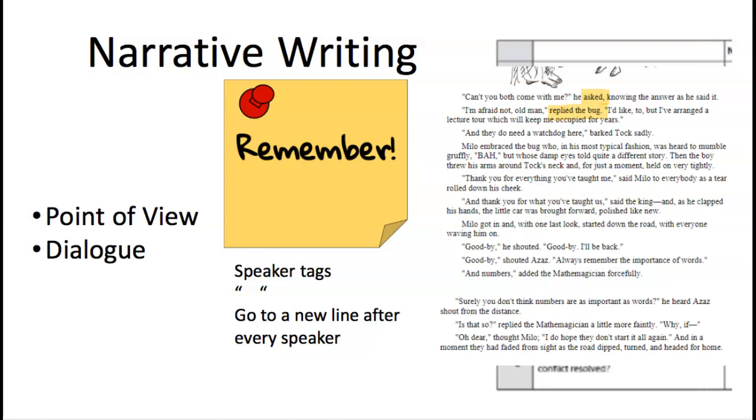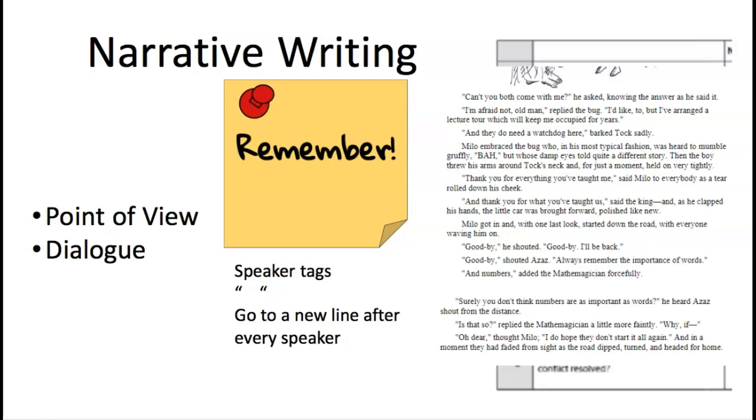Quotes are around the things the actual character said, and the speaker tag comes on the outside. And then finally, you go to a new line after every speaker. So when you look at this part of the text, you see Milo speaks, and then we go down a line, and then the humbug speaks, and then we go down a line, and Tock speaks. We go down a line, and the humbug speaks again. And each time we get a new character to speak, we go down a line.